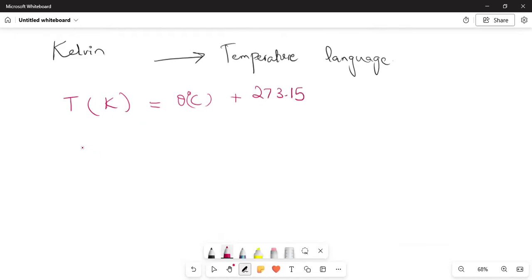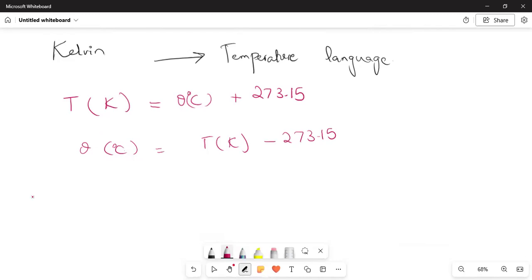And if Kelvin is given to you and you have to calculate the temperature in degree Celsius, all you have to do is subtract 273.15. Never write degree Kelvin, because Kelvin is always written alone; only with Celsius do we write degree.